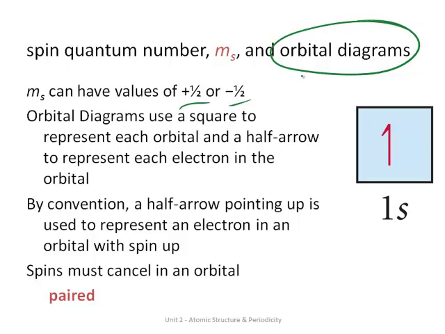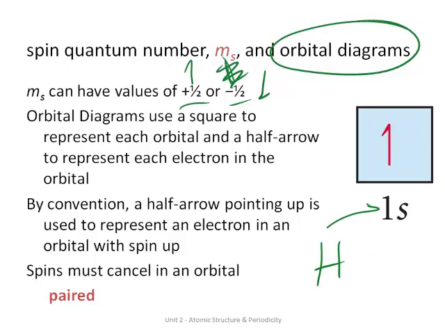If it is a positive 1/2, we're going to show that as an up half arrow in an orbital block. If it is a negative 1/2, we will show that as a down half arrow in the orbital block. So what we have here is a very simple orbital diagram for hydrogen.